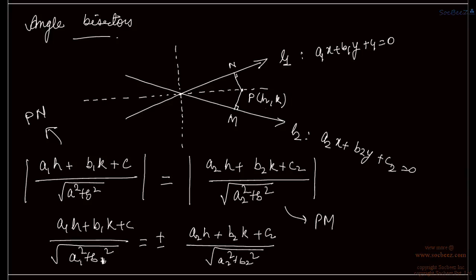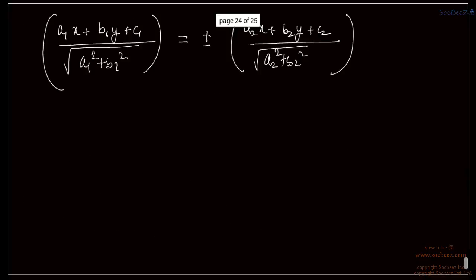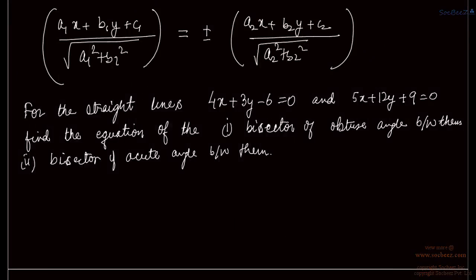Okay. For example, let us take an illustration. We have two straight lines, 4x + 3y - 6 = 0 and 5x + 12y + 9 = 0, and we have to find the angle bisectors, and also tell which one is the bisector of the obtuse angle and which one is the bisector of the acute angle.